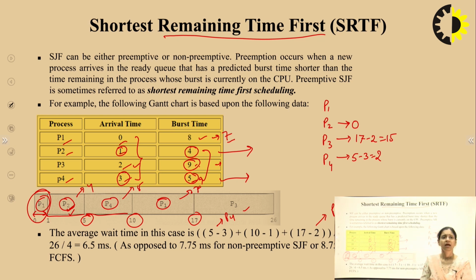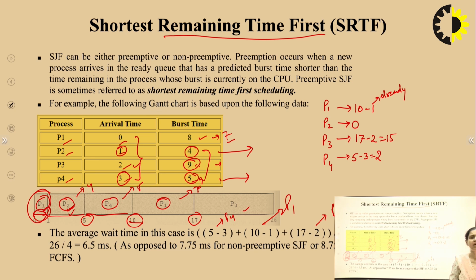That means when the process entered into the system, it got the CPU and it executed for 1 millisecond. Therefore, we'll subtract this 1 millisecond from the total waiting time for P1. Therefore, P1 has to wait for 10 milliseconds minus 1. This 1 is where it has already executed when it entered into the system. So, this is for P1.